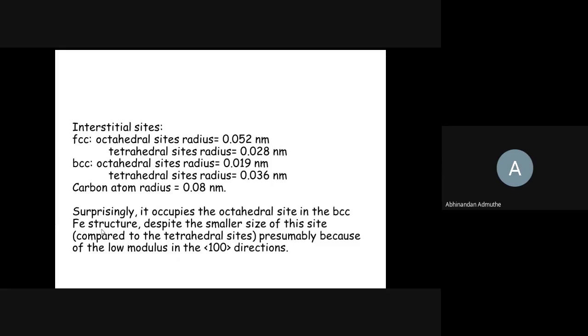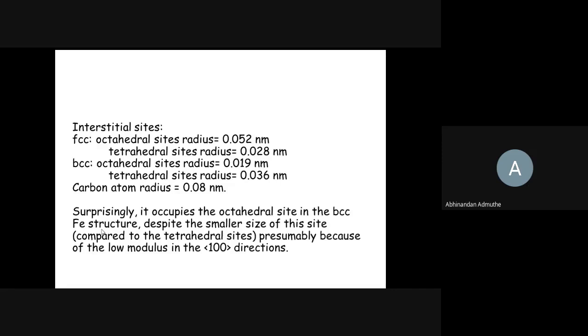So in the face-centered cubic structure, we have two interstitial sites where carbon can fit, the octahedral site and the tetrahedral site.